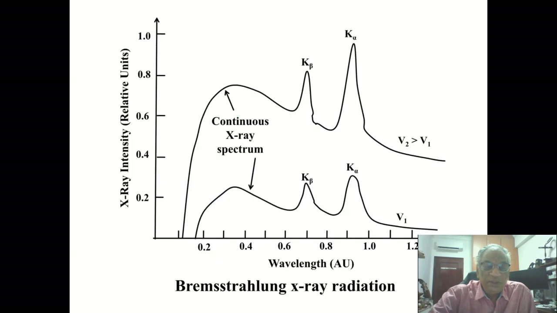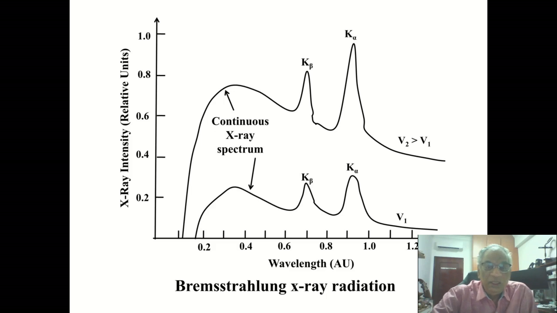If you see the distribution of the X-ray radiation, that shows Bremsstrahlung X-ray continuous radiation as well as the characteristic radiation. The K beta line can be seen first at a lower wavelength region as compared to K alpha line at the higher wavelength. Intensity for K alpha will be more than the K beta line.